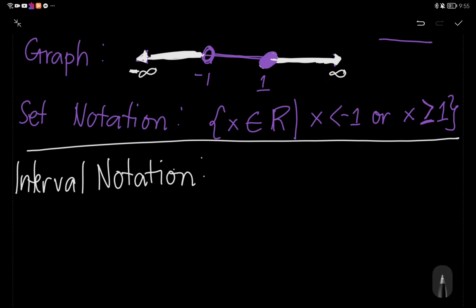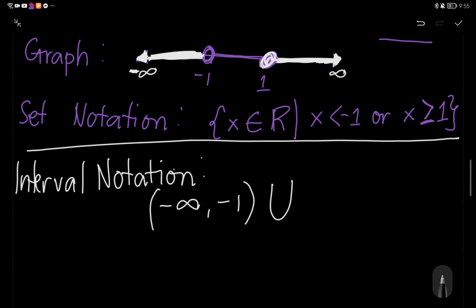Okay. Now, in interval notation, we are going to write negative infinity to negative 1. Kani siya, ug kung taman dira, is part of the solution, union, ani.